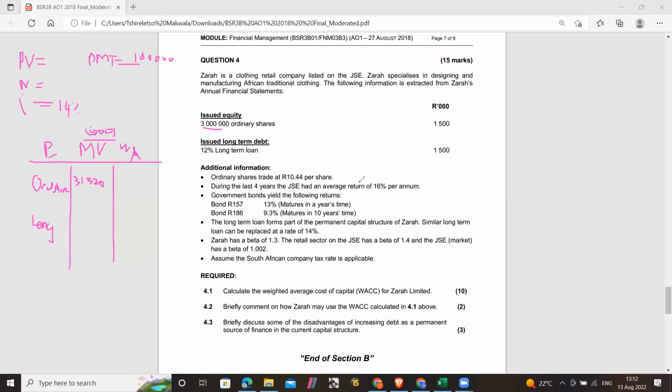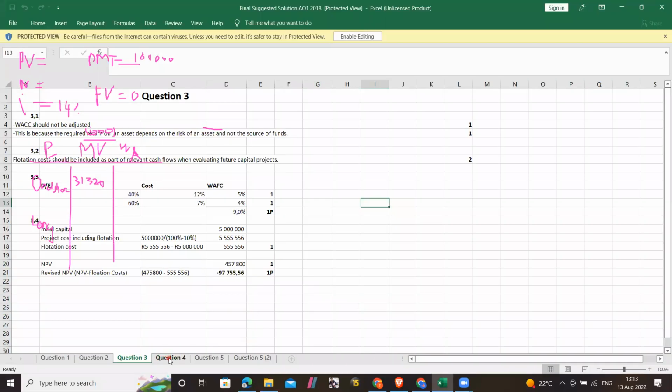And that's basically this thing's PMT, right? And then what's left is just you know that the FV for every loan is 0, right? So with this we have enough information basically to get our present value, right?